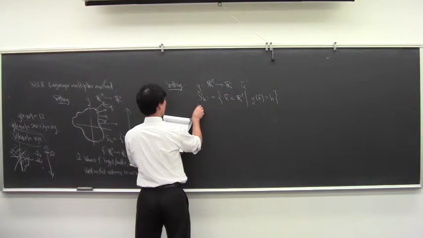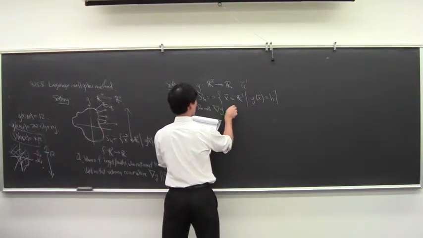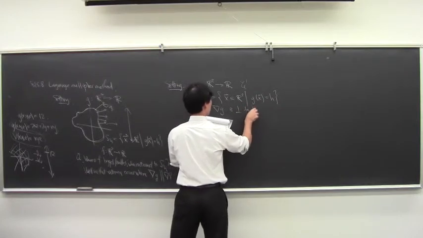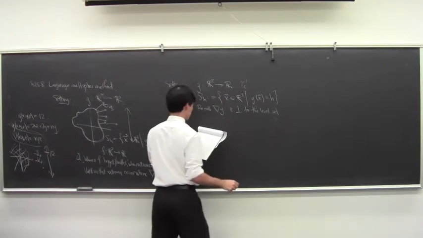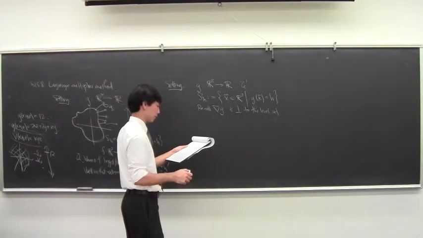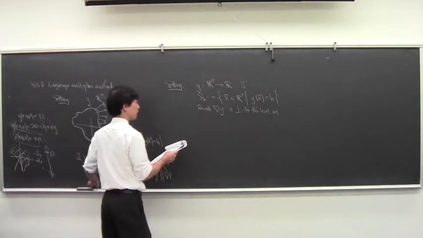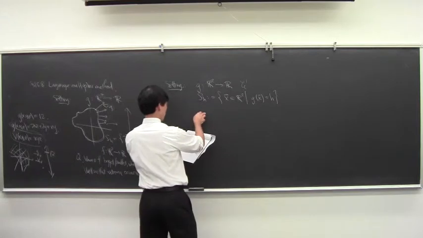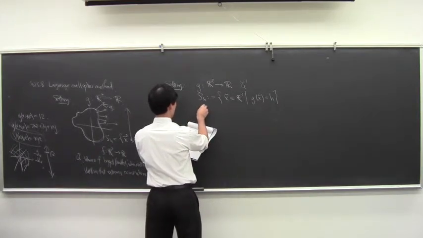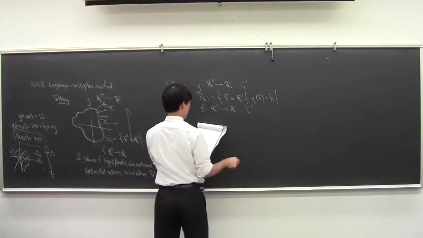Recall that the gradient of g is perpendicular to the level set. Actually, let me leave that part out because that's not really part of this statement. But it's true. So you have some other function, f from R2 to R, also continuously differentiable.